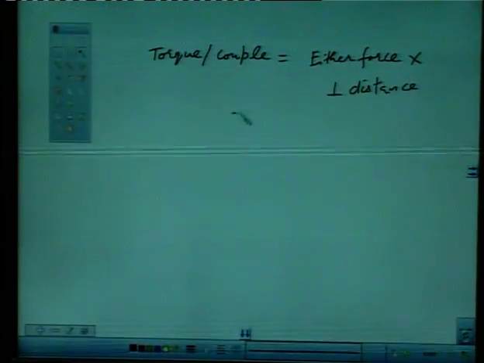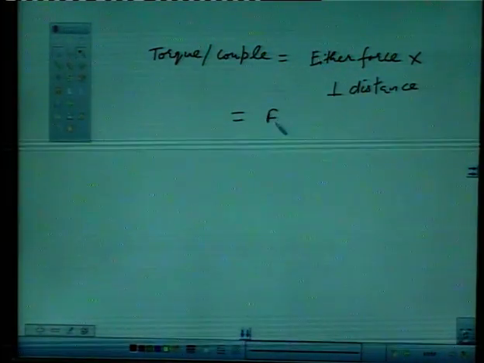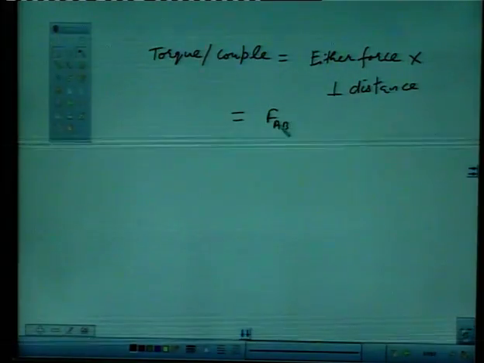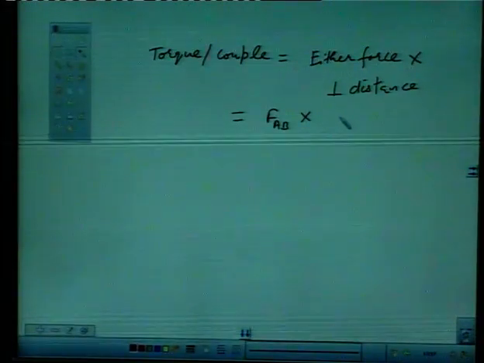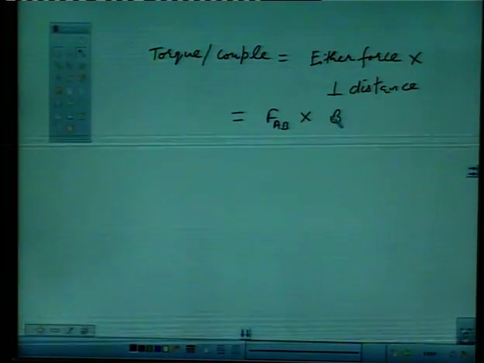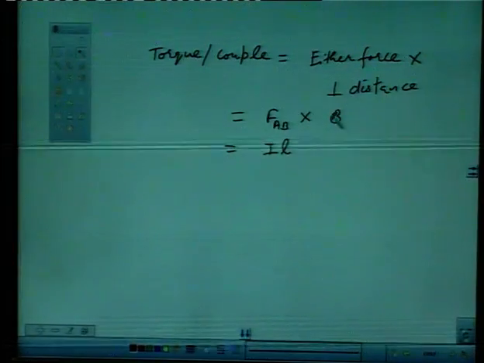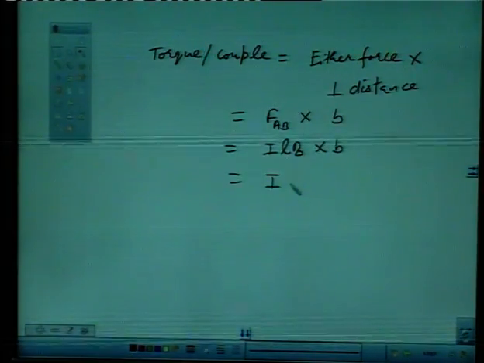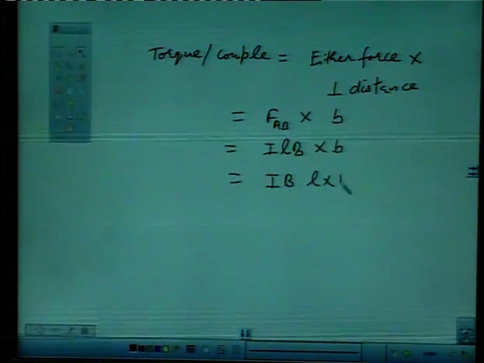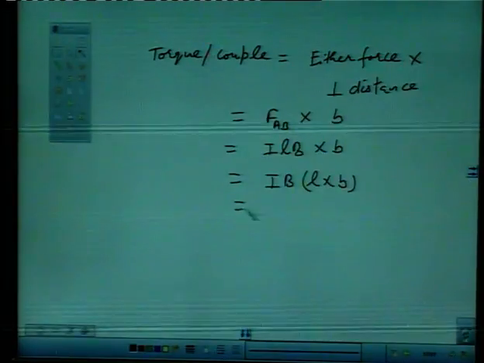between the two sides. So the either force is F AB, since we are talking about side AB, and the perpendicular distance is B. F AB is equal to I L B into B. This will be equal to I B L into B. Now we know that L into B, length into breadth, is equal to the area of the coil.